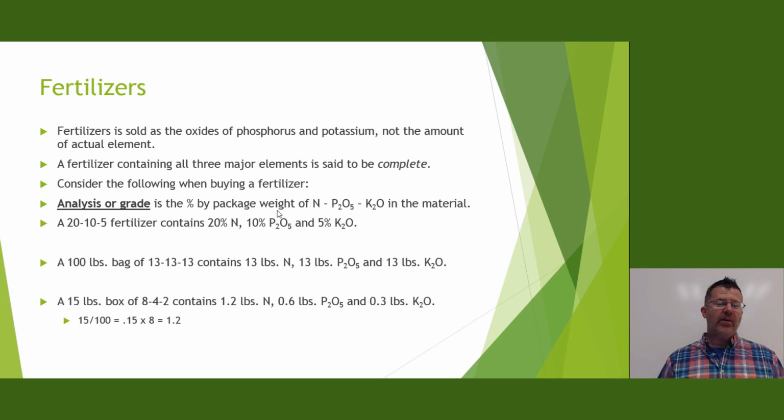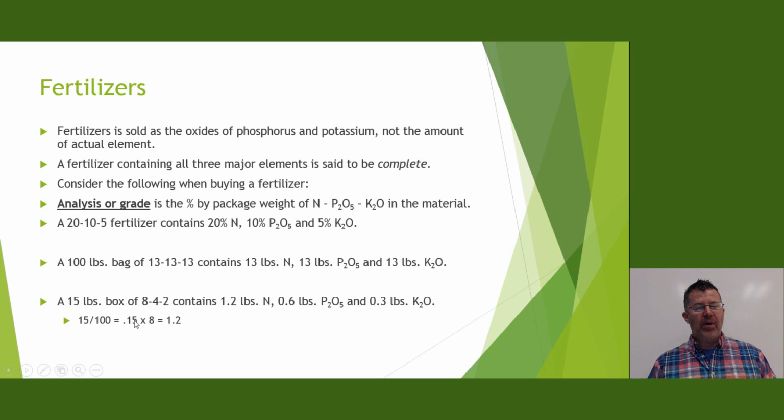A 100-pound bag of 13-13-13 contains 13 pounds of nitrogen, 13 pounds of phosphorus, and 13 pounds of potassium. A 15-pound box of 8-4-2 contains 1.2 pounds of nitrogen, 0.6 pounds of phosphorus, and 0.3 pounds of potassium. And simply, guys, we have a 15-pound box. We're going to divide 15 by 100, which gives us 0.15.